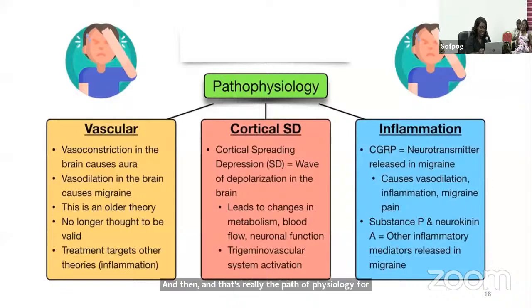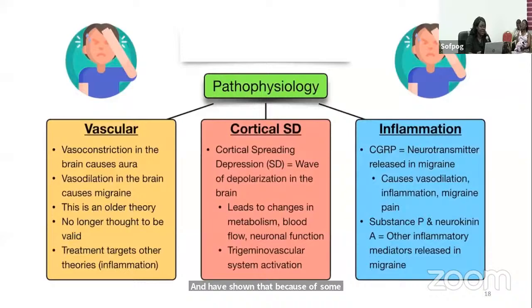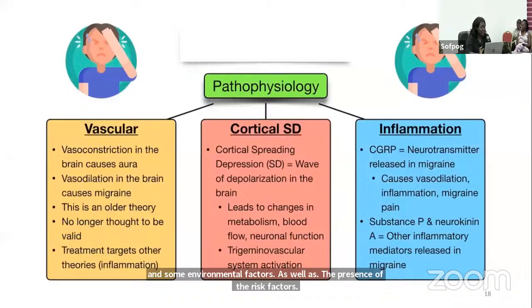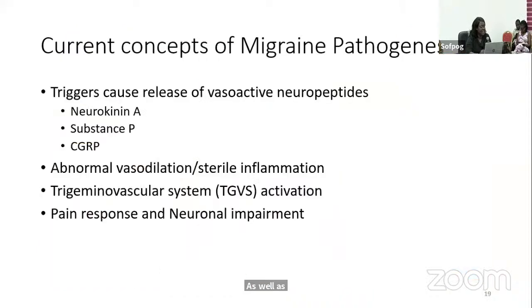But things have changed with current research and clinical trials, and have shown that because of some genetic factors and some environmental factors, as well as the presence of the risk factors such as impaired cortical spreading depression, there is activation of the trigeminal vascular system, as well as release of certain neurotransmitters such as neurokinin A, substance B, and then calcitonin gene-related peptide.